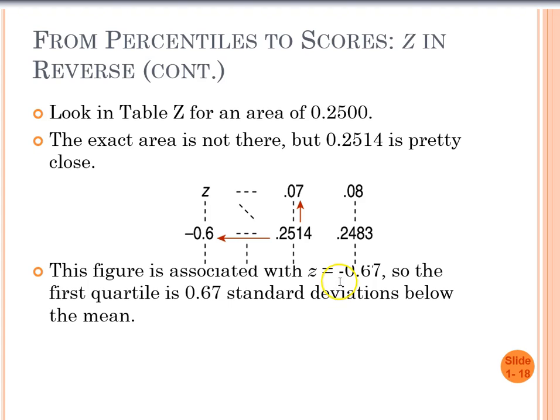That's going to be negative 0.67. So the first quartile is 0.67 standard deviations below the mean, and then we can use that value to find what height is associated with a z-score of 0.67 standard deviations below average.